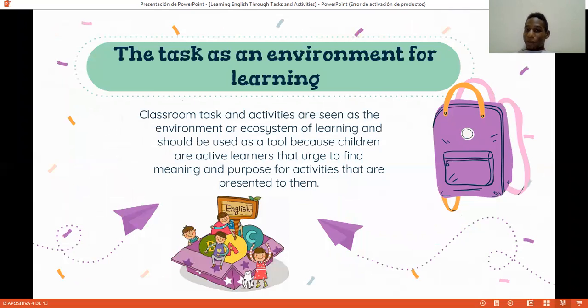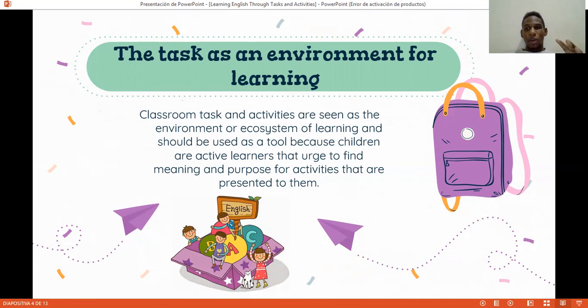The task as an environment for learning. Classroom tasks and activities are seen as the environment and ecosystem of learning and should be used as a tool because children are active learners who look for meaning and purpose in the activities presented to them. So if we introduce a task in our teaching-learning process, our students will be challenged most of the times.